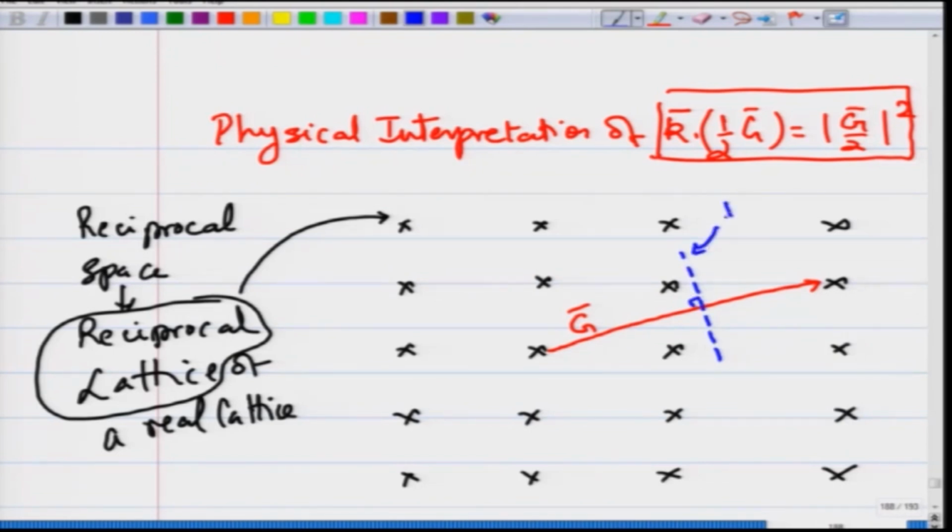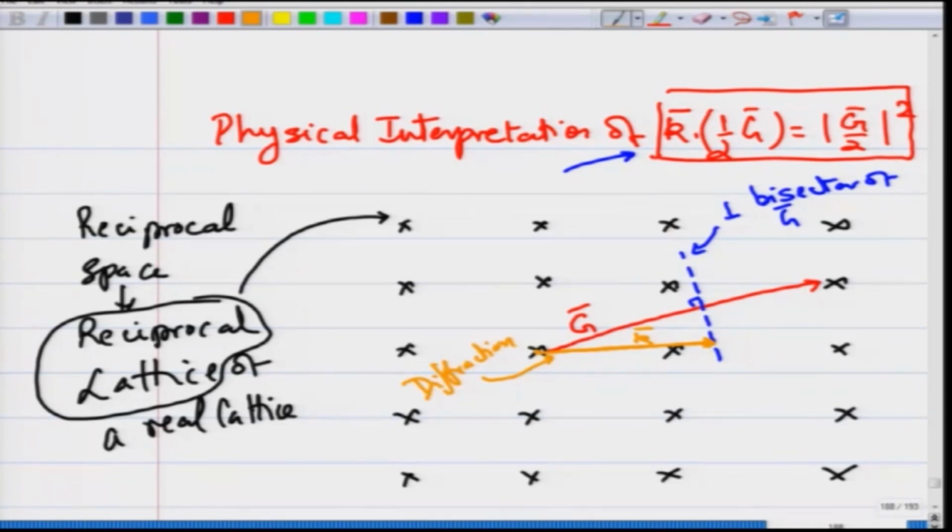So, this is my perpendicular bisector of G. The Laue's condition, which is given here, suggests that for any vector k starting from this point, any vector k of a wave which terminates on the perpendicular bisector, this wave is going to get scattered following the Laue's condition, or this wave will undergo a diffraction.